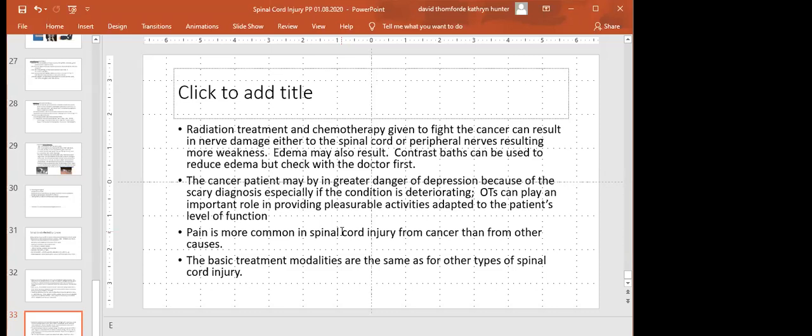Most definitely, Afiza. You need to think about how you position the patient to reduce pressure, because if they lie for a long period of time on their back and they don't have a mattress or some way of reducing pressure, they are going to develop bed sores. So definitely, Afiza. Good point.